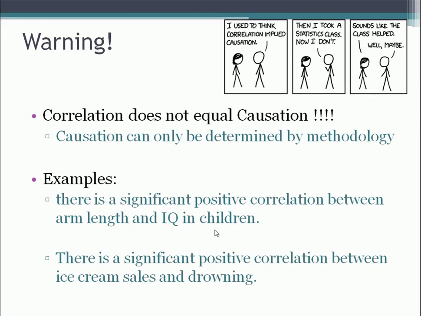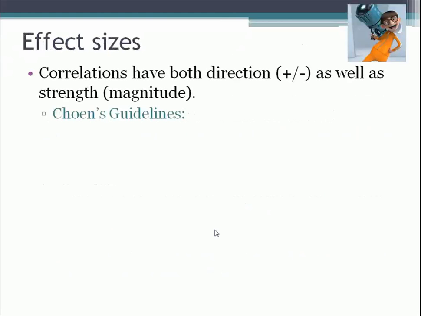Does that mean that having an extra toaster or having a Ninja blender is going to cause women to use more birth control? No. The third variable that influences both of those things is socioeconomic status. Women of higher socioeconomic status are more likely to use birth control and are also more likely to have more kitchen appliances. Right? So just because two things are related doesn't necessarily mean that one thing causes another.